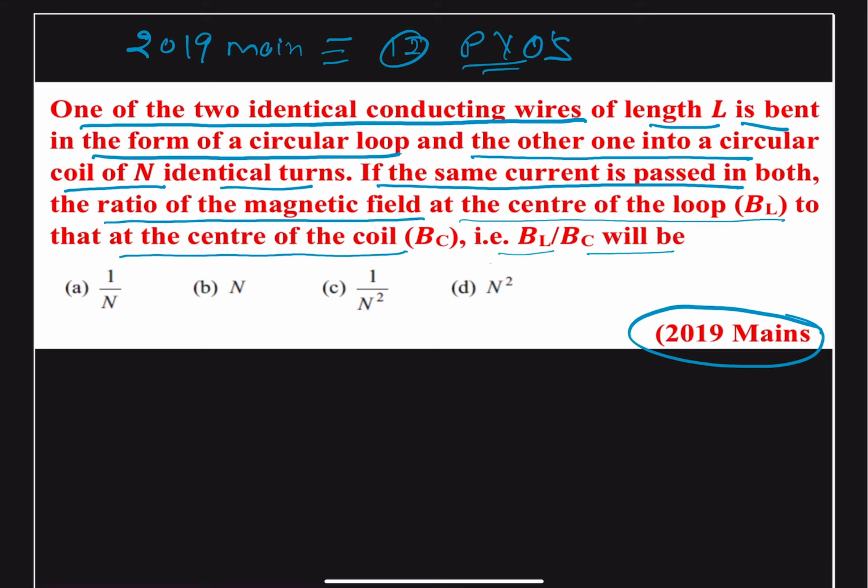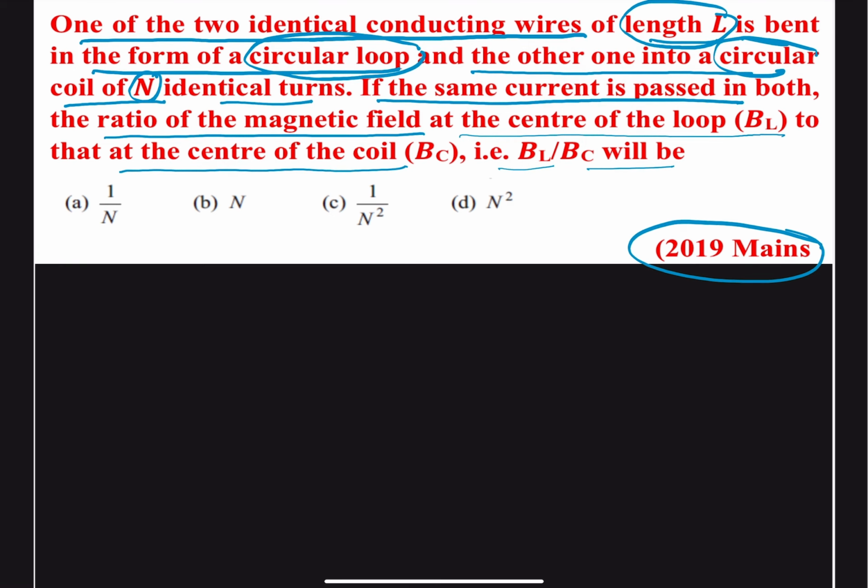So here we are having a wire of length L, and there are two identical wires. One is converted to a circular loop and another one is converted to a coil, which is having n number of identical turns. So this is a major difference between the two.